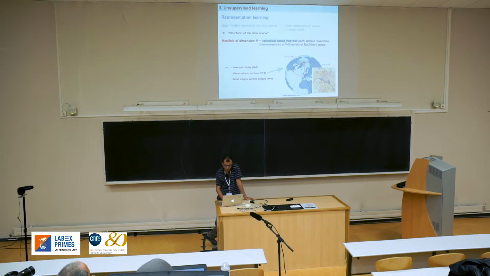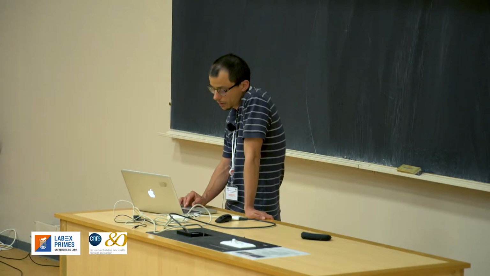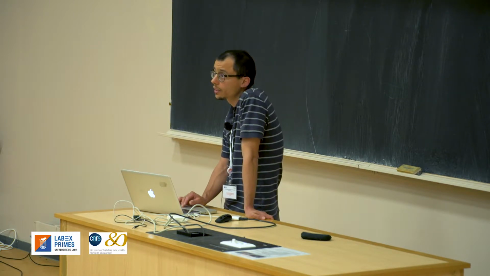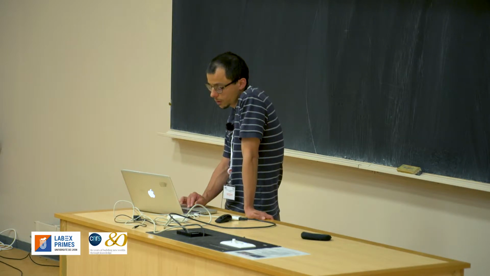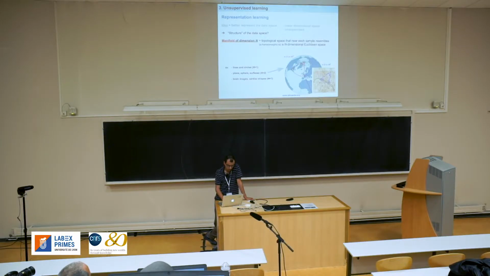Here the Earth is in 3D, but if I look very closely, around this point, it's a 2D map, a planar map. So that's the definition of a manifold. Some examples: lines and circles are one-dimensional manifolds. A plane, a sphere, a surface can be locally matched to a plane, so they are manifolds of dimension 2. And brain images, cardiac shapes, etc., are manifolds of unknown dimensions, we don't know.